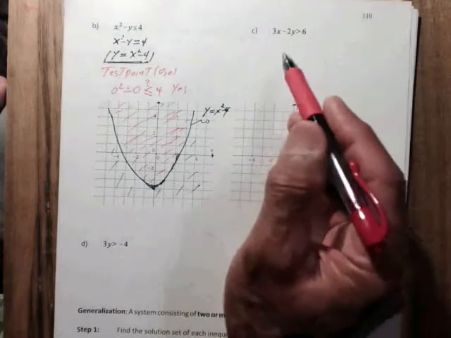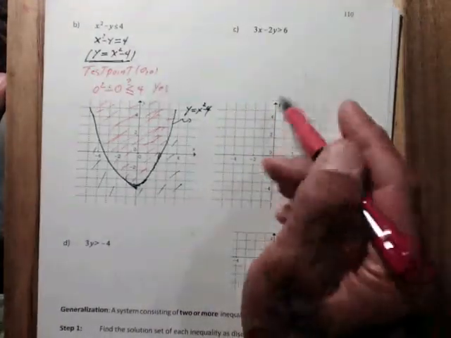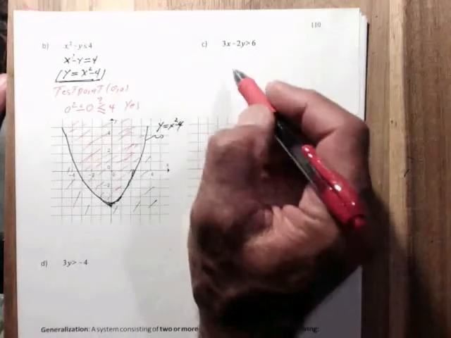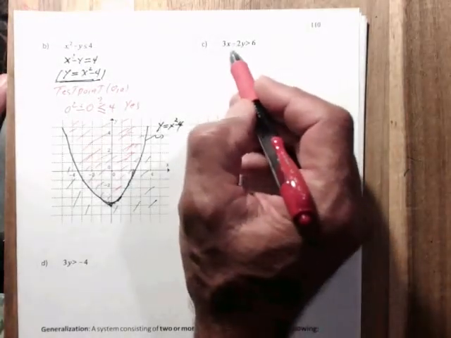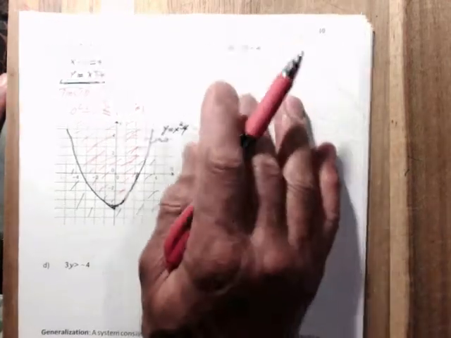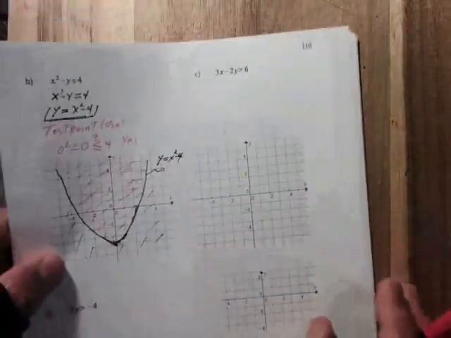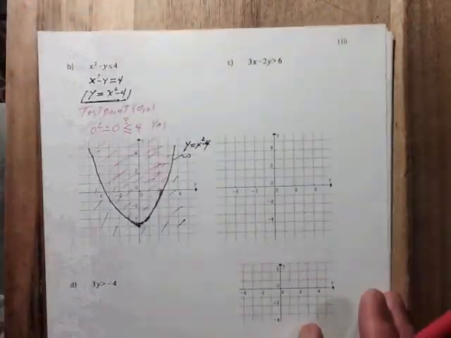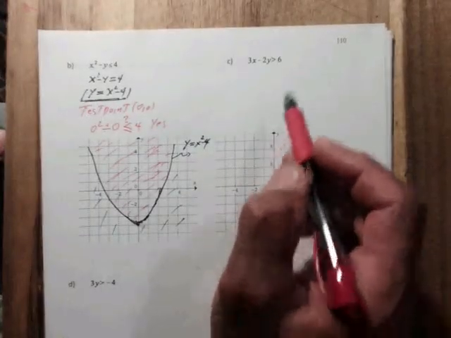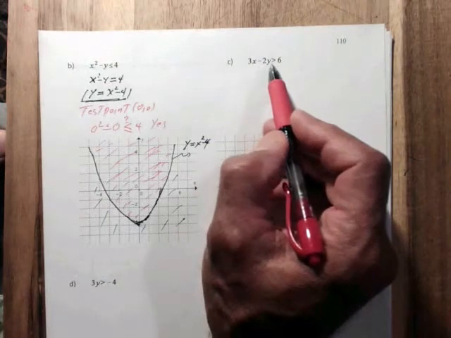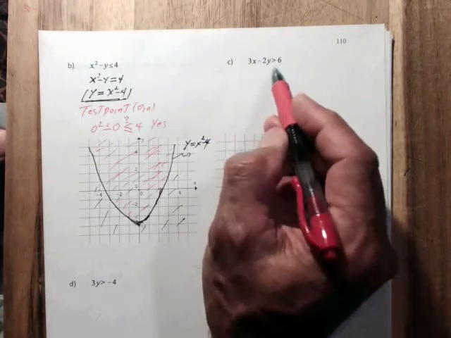The other problem is similar to this, but in this case we have a straight line: 3x minus 2y bigger than 6. This is linear.